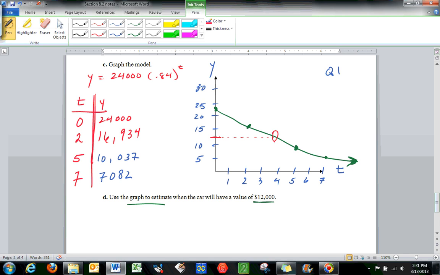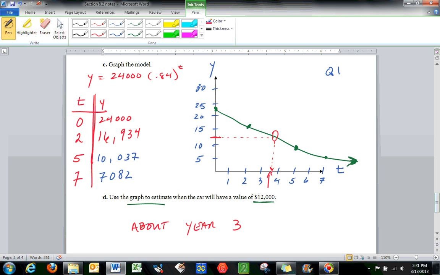And if we want to know what year we'll have a $12,000 value in, we're going to say about, and of course this is an estimate, about year 3. So you can see it's going to take us about 3.5 years roughly, and our car will have depreciated to a $12,000 value. So that's just a little guesstimation based off of our graph that we are drawing.